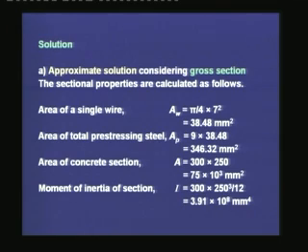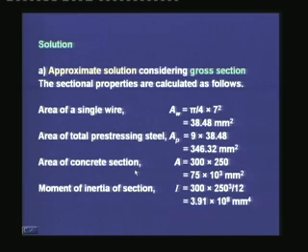The first procedure will be based on the approximate solution based on the cross section. We are calculating the area of a single wire, which is pi by 4 times the diameter square. Then the total area of the prestressing steel is given as 9 times this area of a single wire.